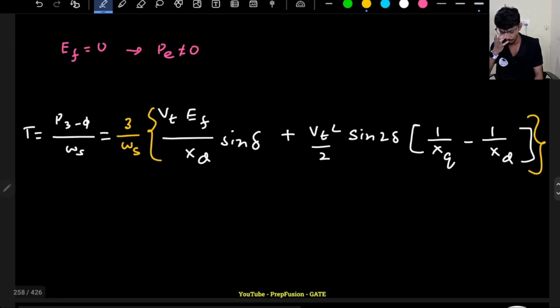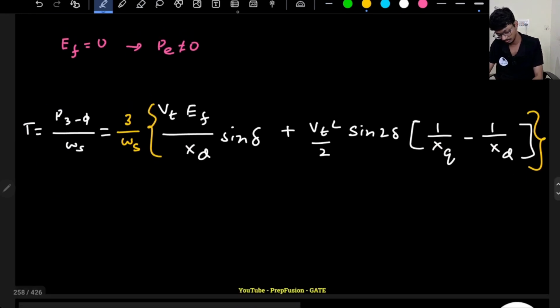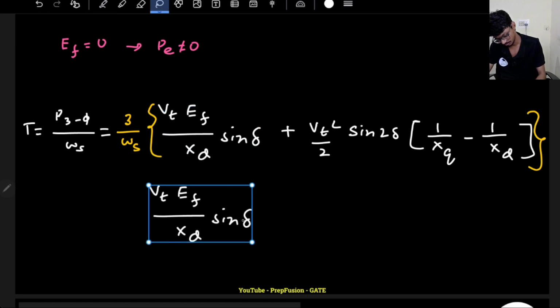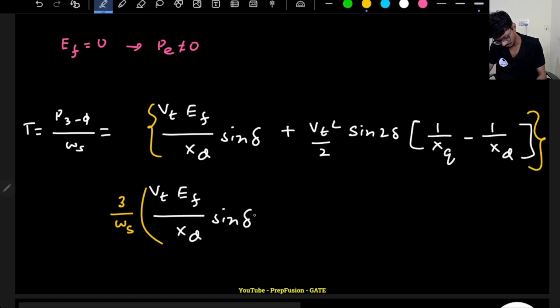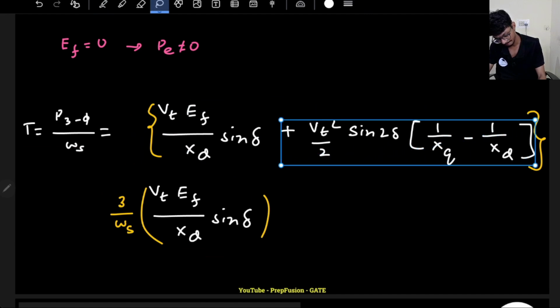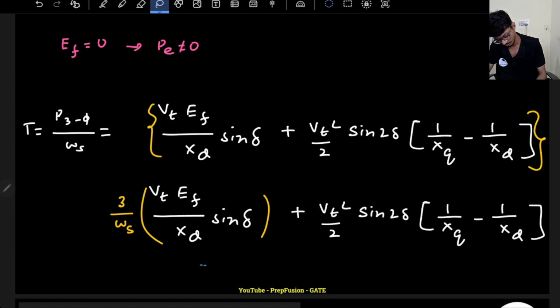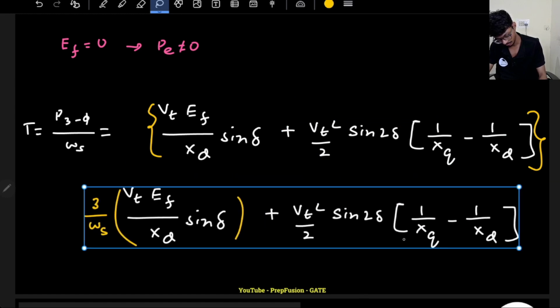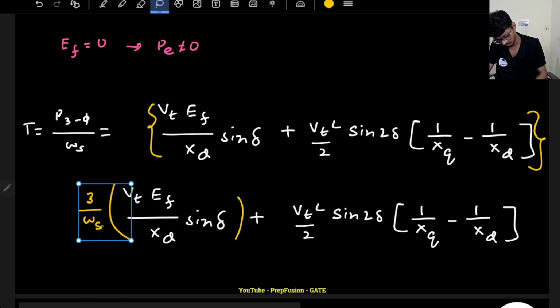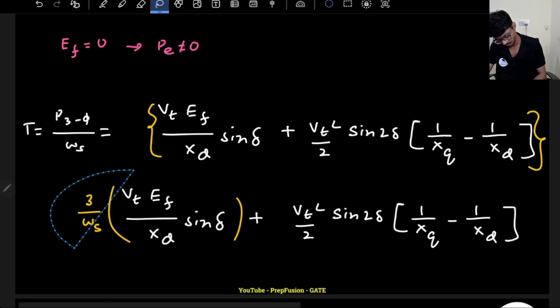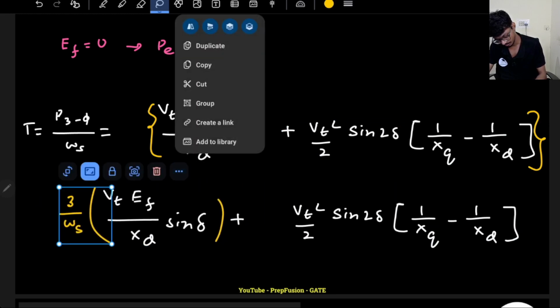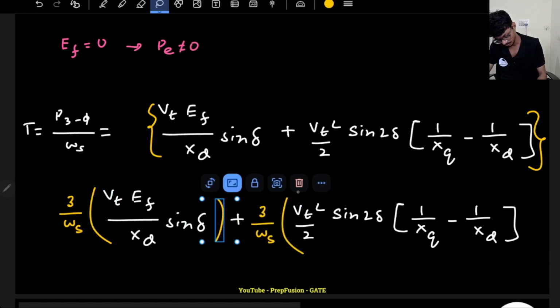3 by omega s. Okay. So if I just further break this down, this will be 3 by omega s multiplied by this, plus 3 by omega s multiplied by this.